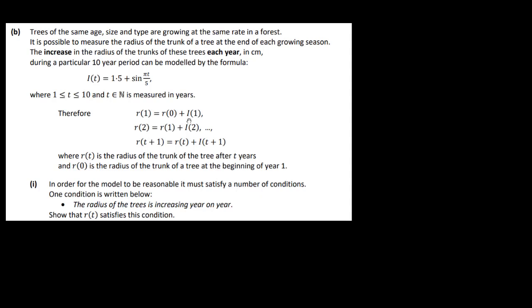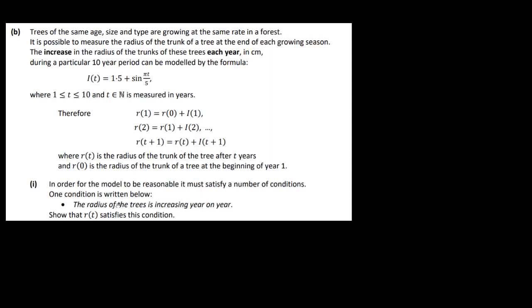Now I1 then is going to be the increase at the end of year 1, how much the radius has increased at the end of year 1. So R2 here will just be the radius at the end of year 1 plus the increase during year 2, the increase in the radius during year 2. So in other words, the radius at any particular time t plus 1 is just equal to the radius at time t plus the increase during that time t plus 1.